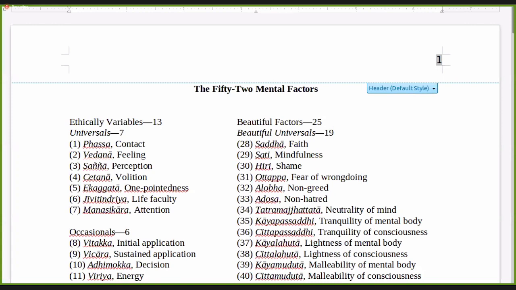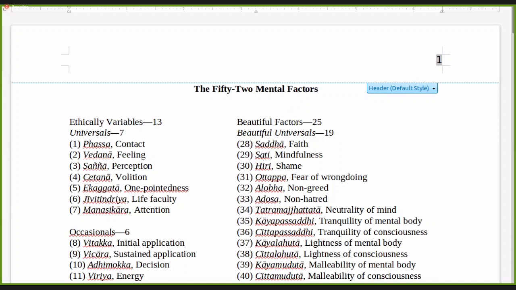Its characteristic is supporting, exertion, and marshalling. It is mental energy, and here it is not physical energy. When we say I make effort, I may make physical effort or mental effort, but here virya means mental effort.